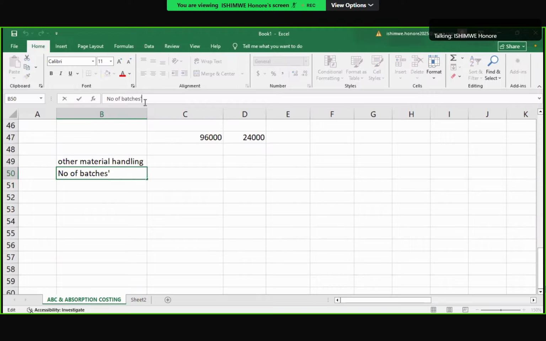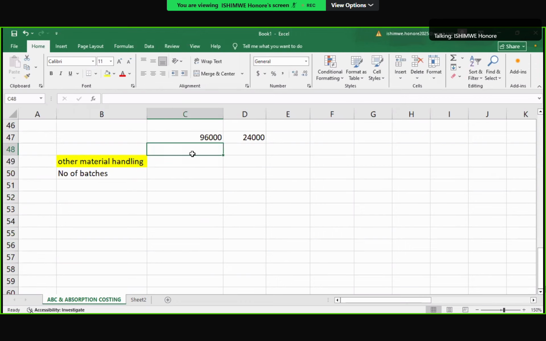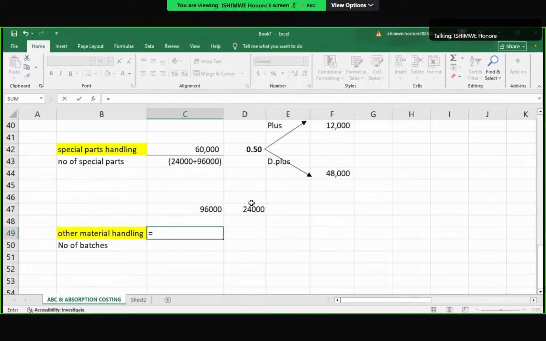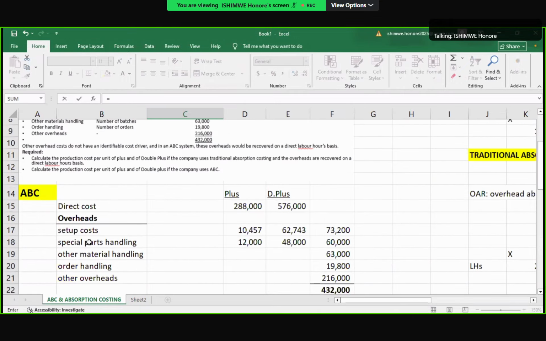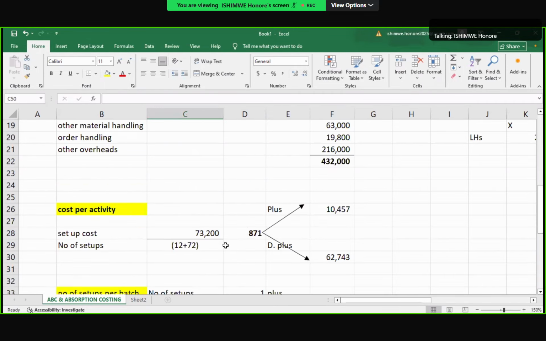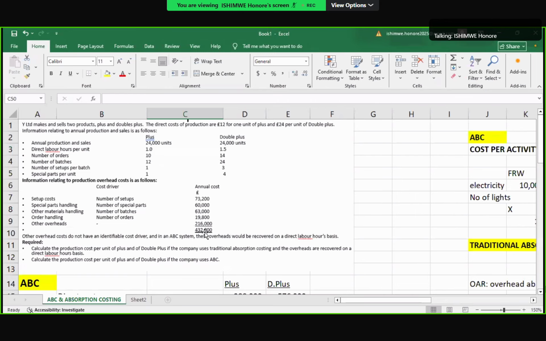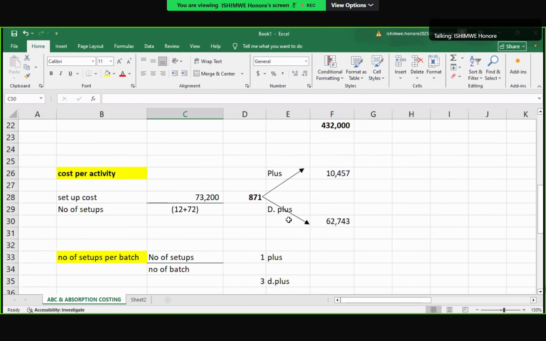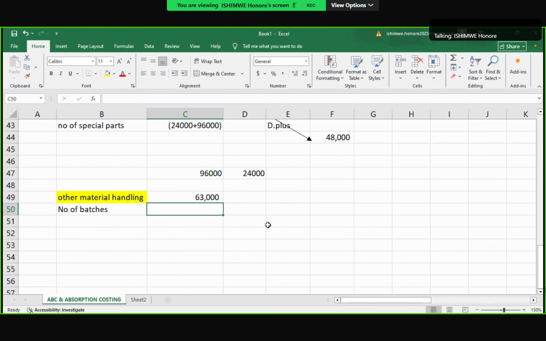So we need to tell the cost per activity, we do allocation. Cost per activity is total cost over the number of batches. The total cost of other material handling is this 63. Then for number of batches, we have to look for plus and double plus in the information. They say number of batches, we have 12 and 24. Number of batches is 12 plus 24.